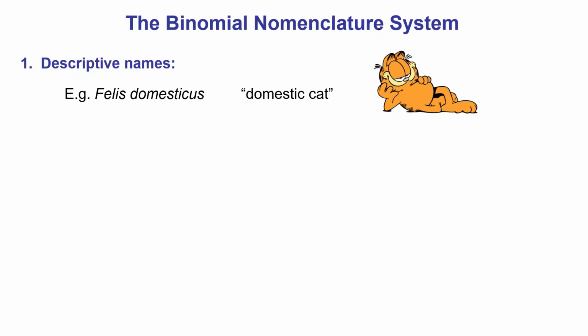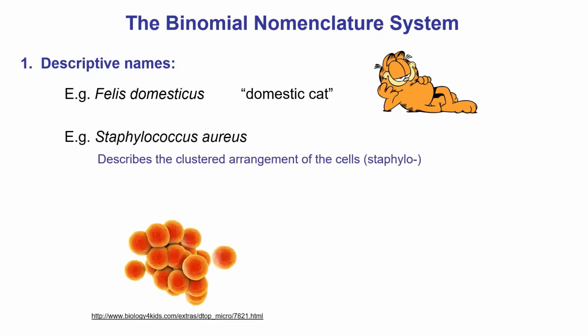Microorganisms, I already showed you one, Staphylococcus, right? So Staphylococcus, staph, remember, means cluster, and coccus means sphere. There's another Staphylococcus. But look, this is a different one. This one is aureus.